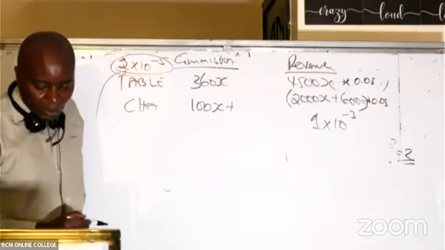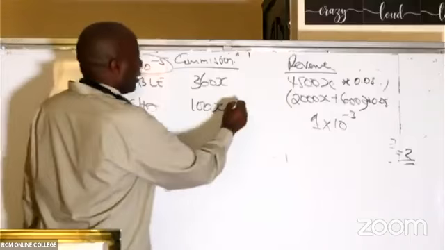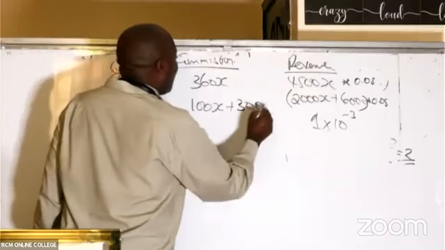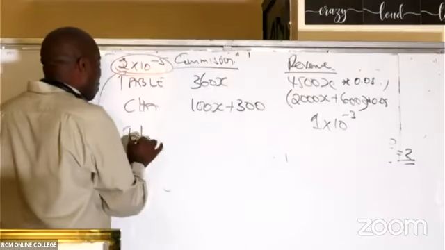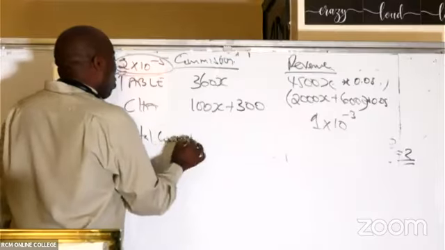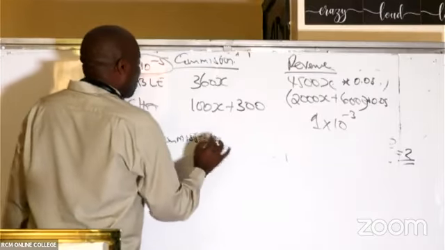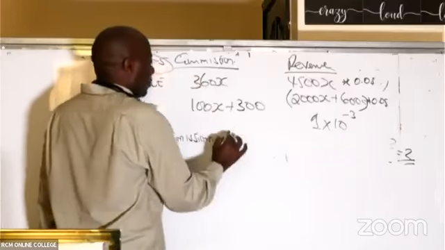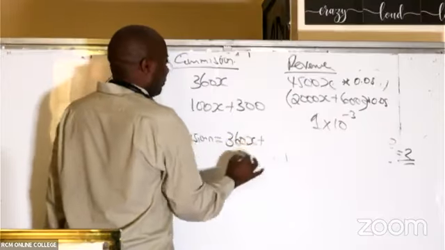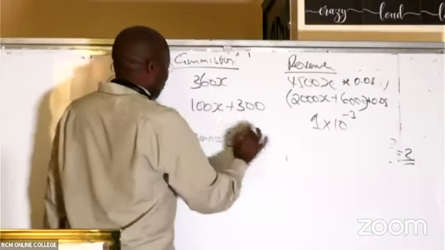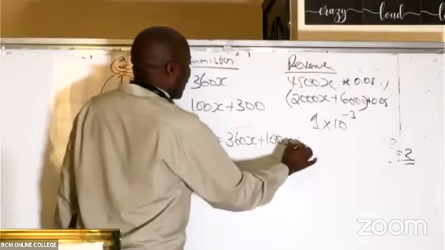Is it 30 or 300? 300. And now they have given us the total commission. This is one salesman who sold these tables and got this 360x plus the commission from chairs, 100x plus 300.